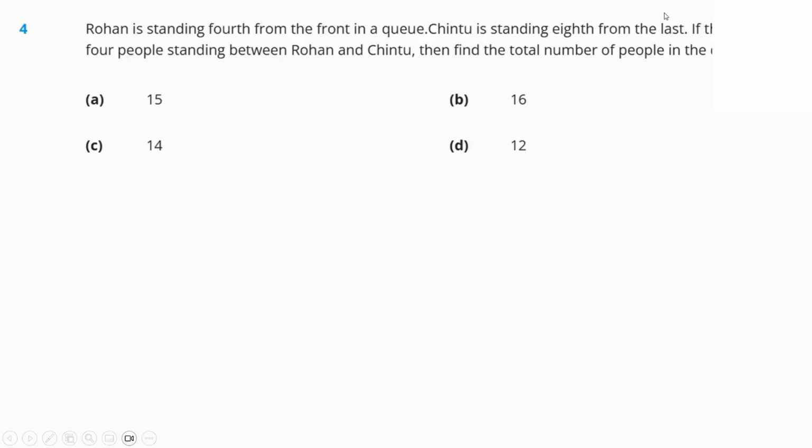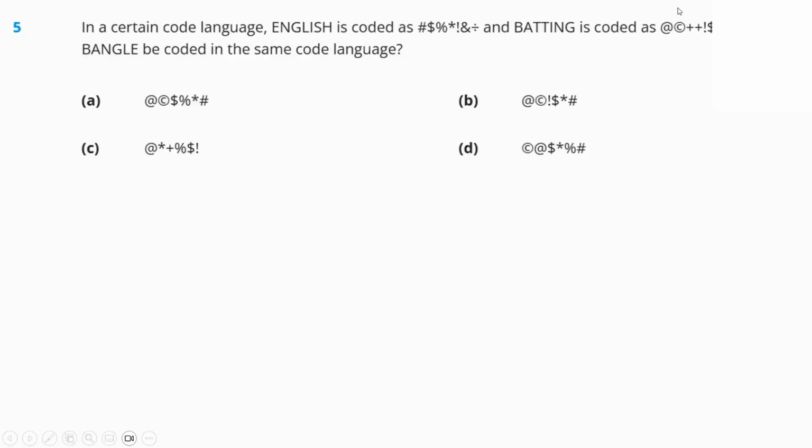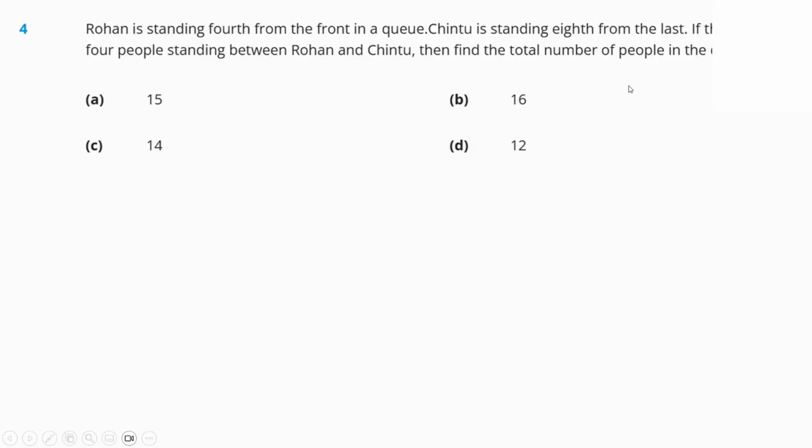Next question. Rohan is standing fourth from the left end and Chintu is standing eighth from the last. If there are only 4 people standing between Rohan and Chintu, find the number of people in the queue.